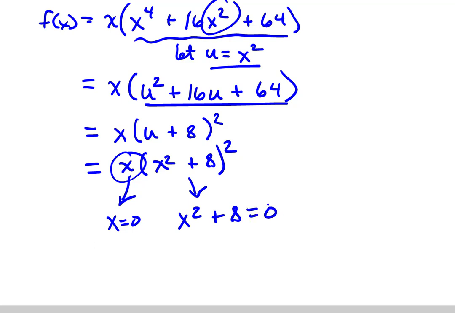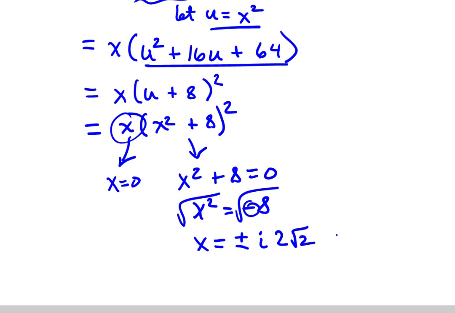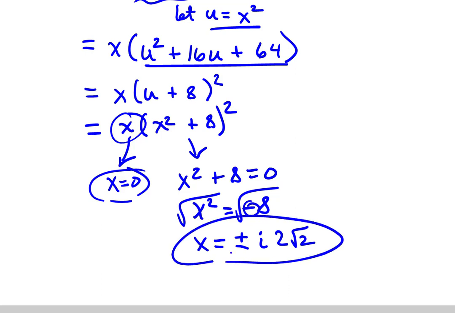You'll notice fairly quickly that this is going to produce some imaginary solutions. That's fine. We'll write this as x squared equals negative 8, which would mean if I take the square root of both sides, x equals plus or minus. Now the negative is going to pop out as an i, and then the square root of 8 can be reduced to 2 root 2. And so we have 0 as a zero, and we have these other imaginary zeros as well.